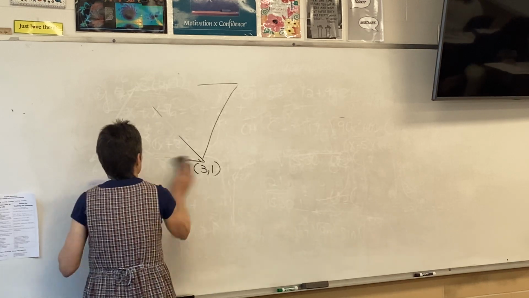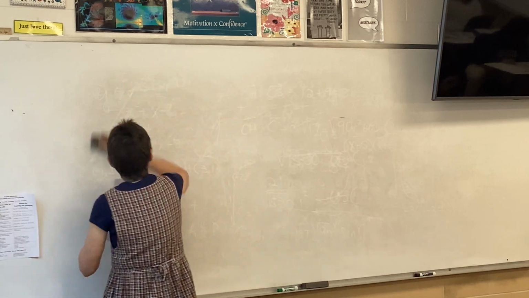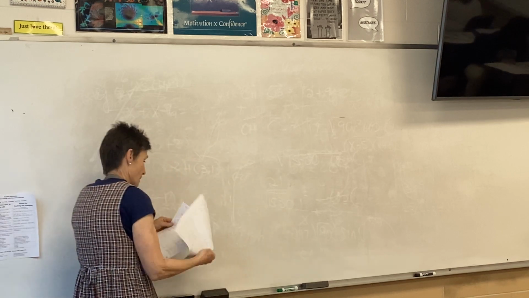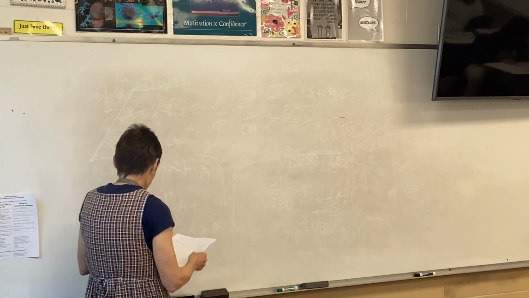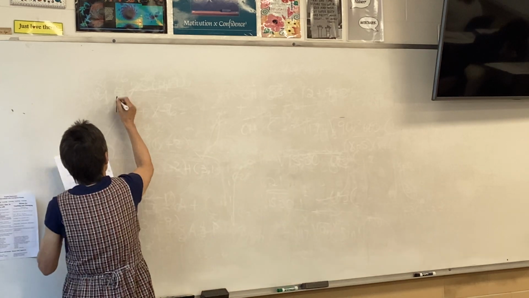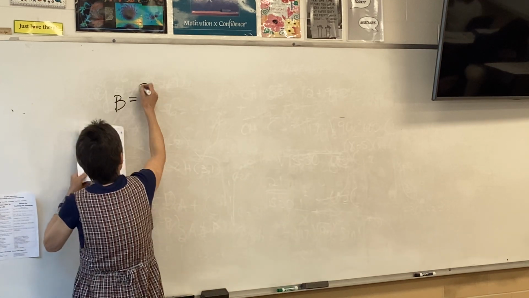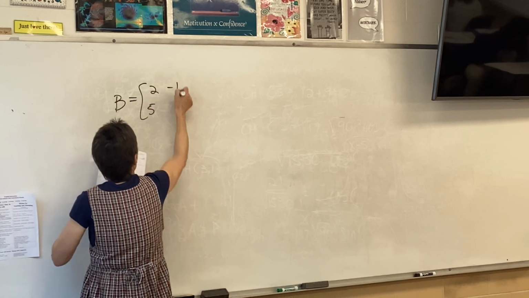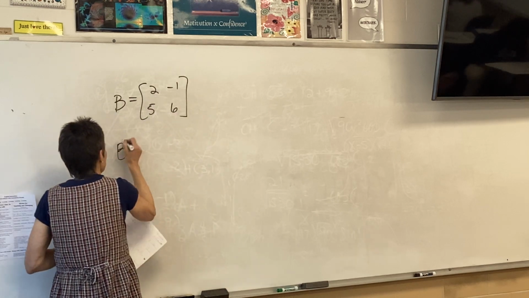Okay, so the question here is, matrix B is 2, 5, -1, 6, and we need B inverse.